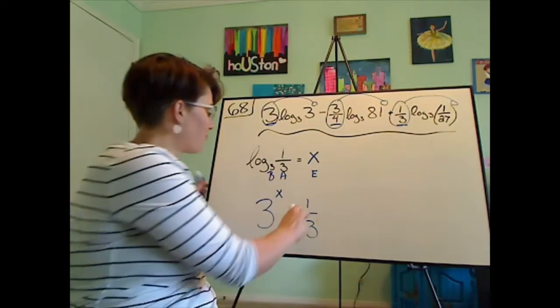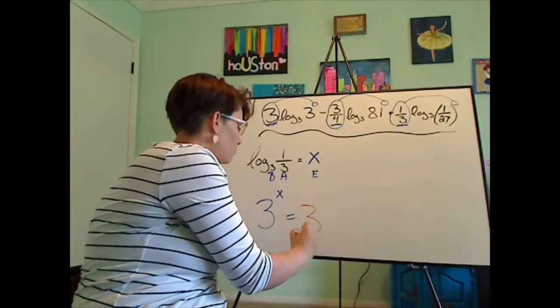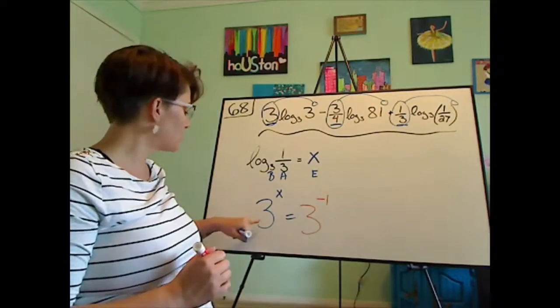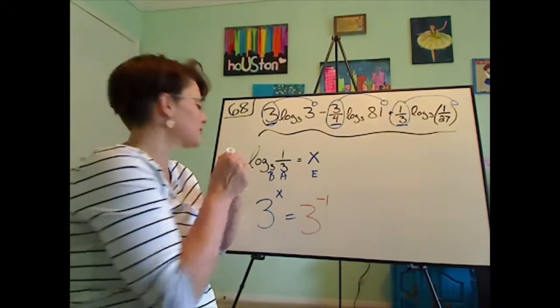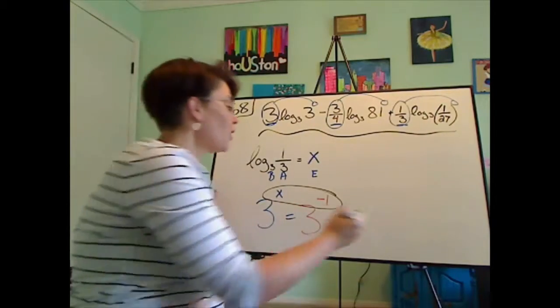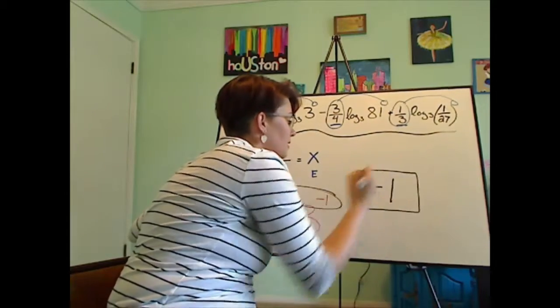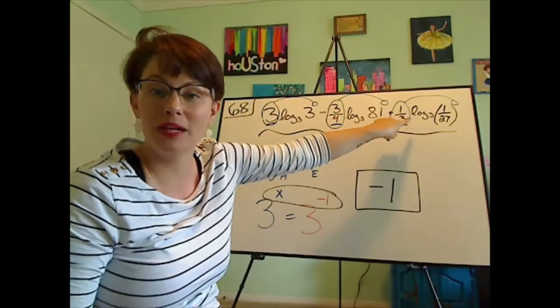To undo that fraction, I can rewrite this as 3 to the negative first. So since we have common bases, which are both 3's, it's pretty much obvious at this point that the exponent is -1. So -1 is the fully simplified version of this long problem here.